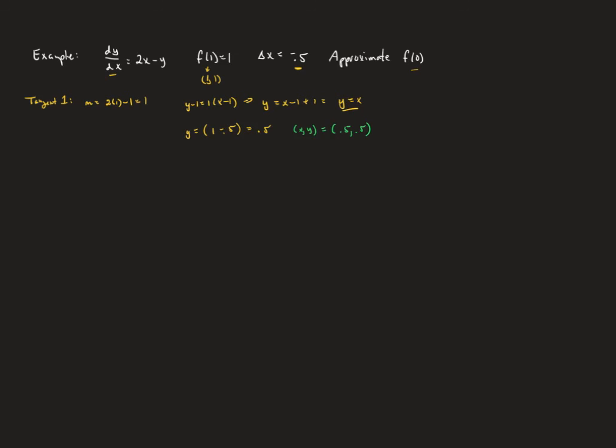Now we go to our differential equation so that we can get the slope for our second tangent line. Again, 2x minus y is 2 times 0.5 minus 0.5, which is 1 minus 0.5, or 0.5.